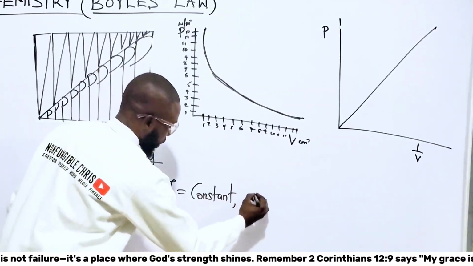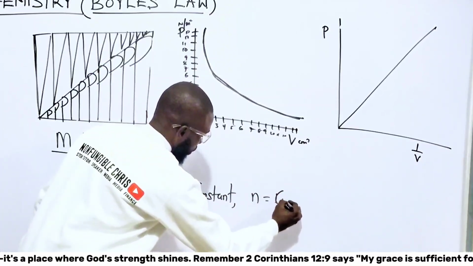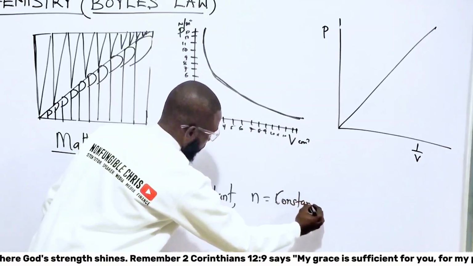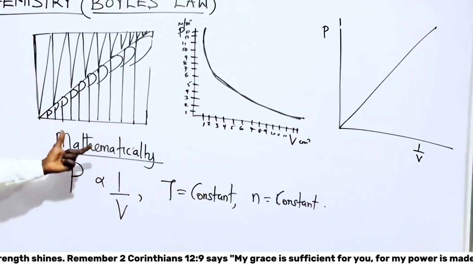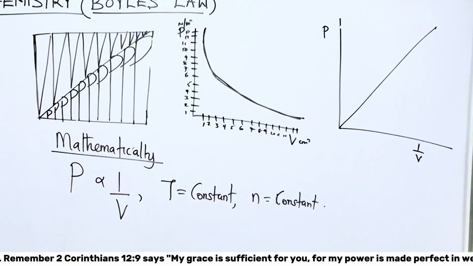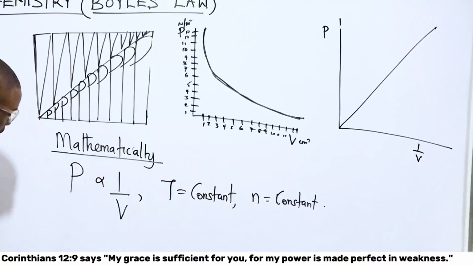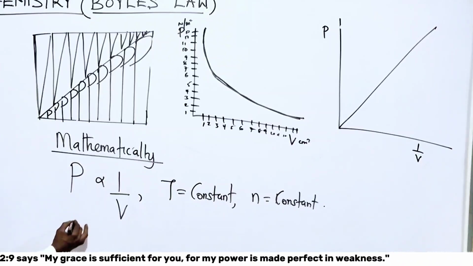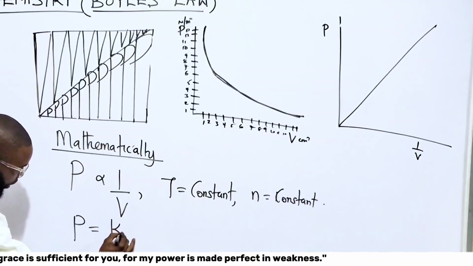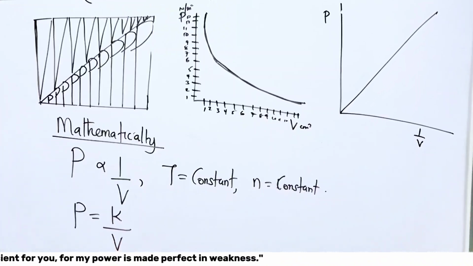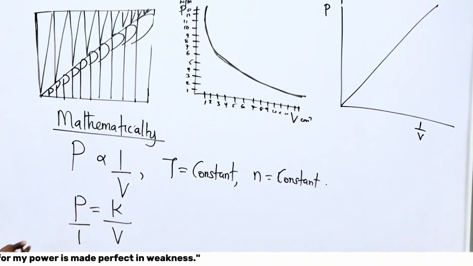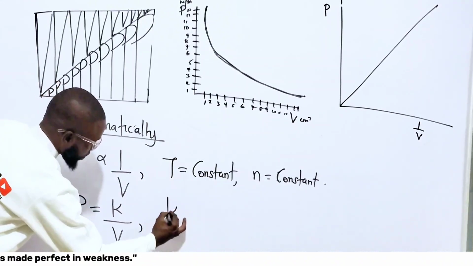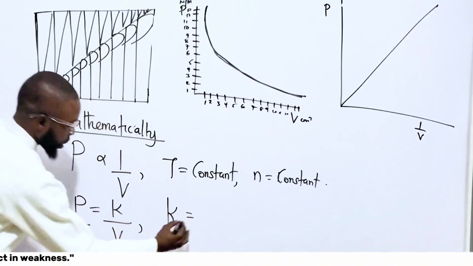Temperature is constant, number of mole of the substance is constant. Mathematically, what we do with the proportional sign is that we introduce a constant. P becomes K over V. So if we make K over 1 and cross multiply, we will see that K will be equal to what?